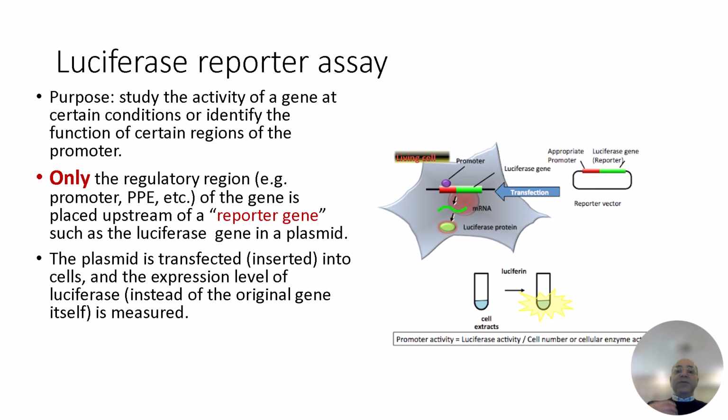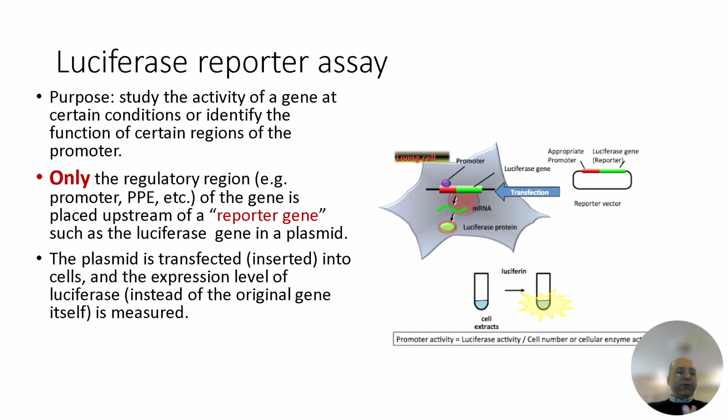Now, the stronger the signal, the stronger the light, the higher the activity of the promoter is, the more the gene is expressed. The more luciferase is in the cell, the more light is going to be produced. So that's the idea.